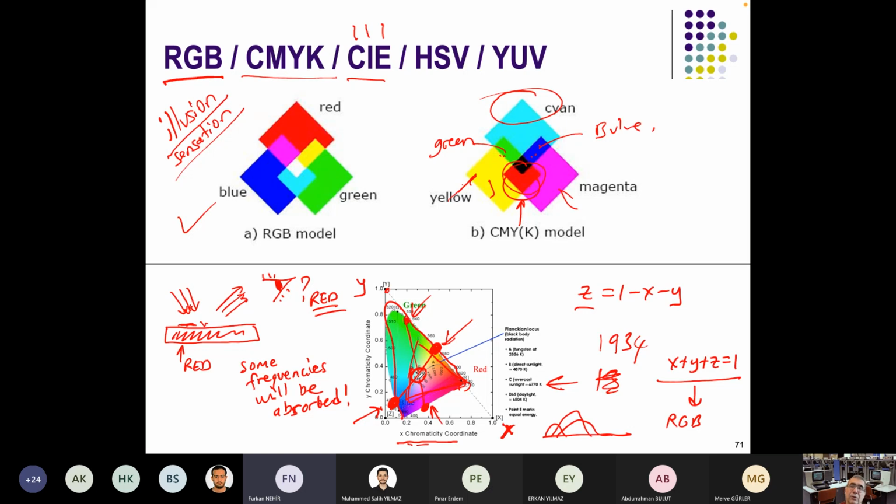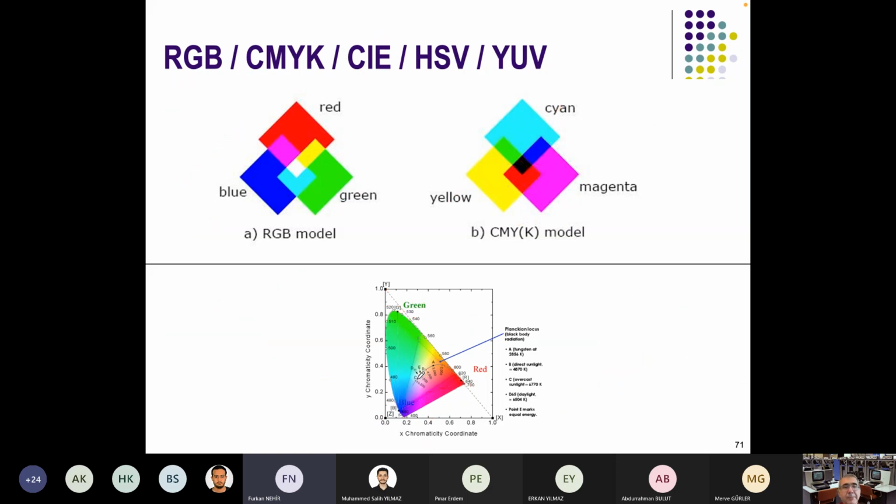Therefore, that is called a complementary color. Here, two complementary colors, another pair of complementary colors, etc.